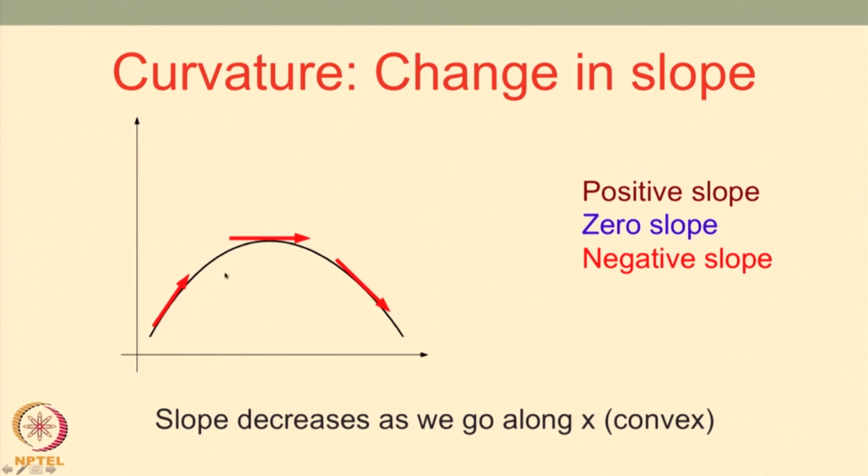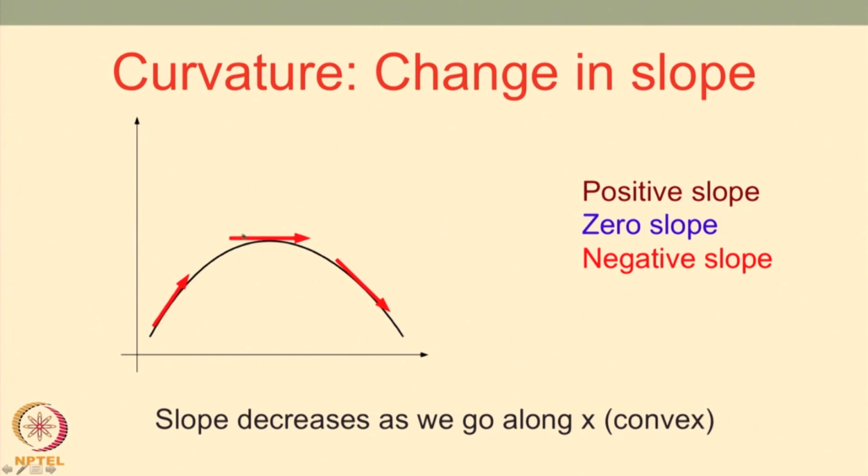What we can see here is that on the left side, the slope is positive. That is, the function is increasing as x increases. But if I look at two points, one can see that the slope itself decreases.